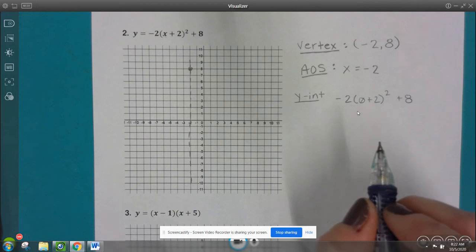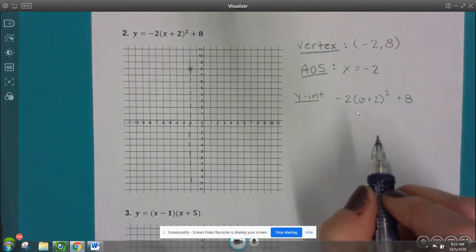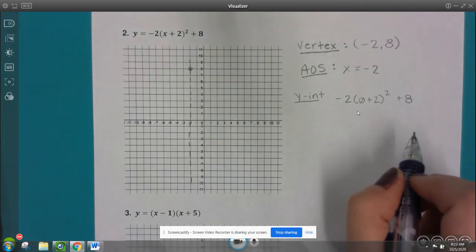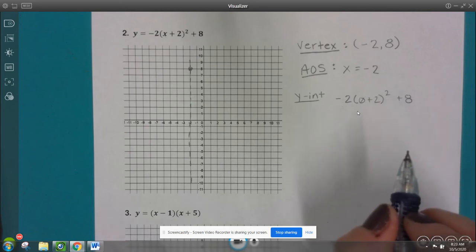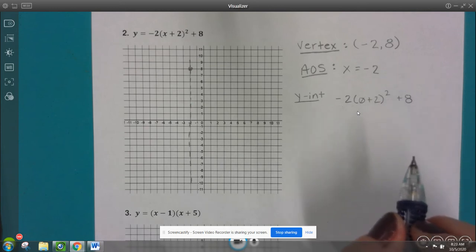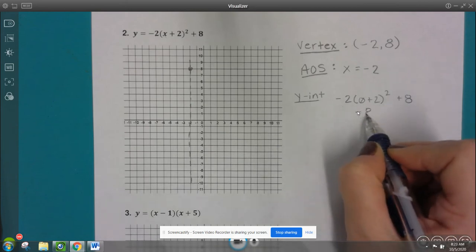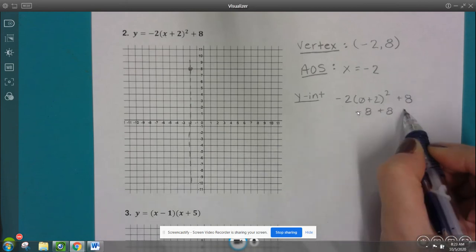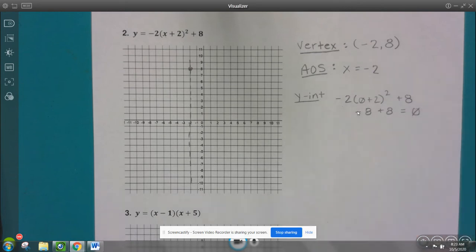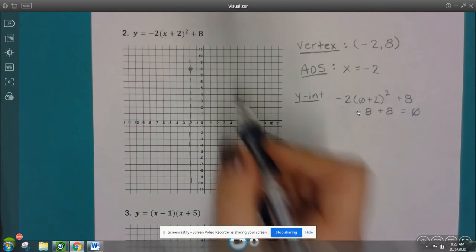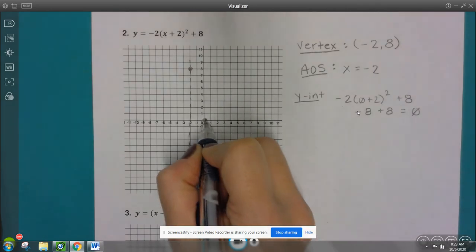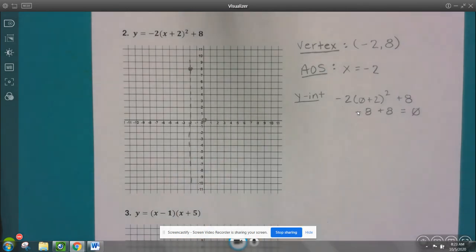Well, 0 plus 2 is 2, squared is 4, times -2 gives me -8, plus 8 gives me 0. Which is awesome because that's also an x-intercept.